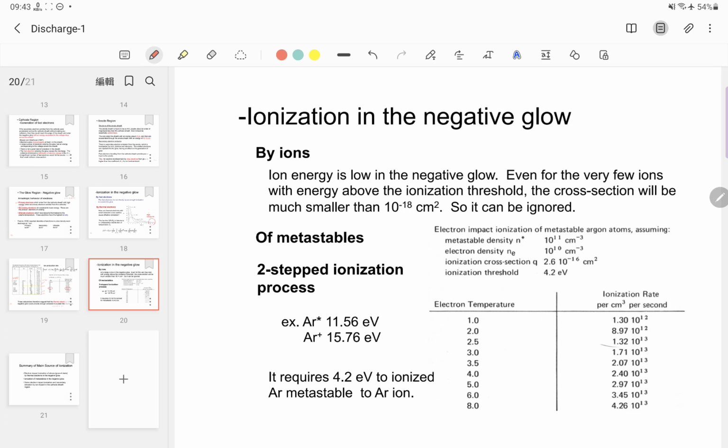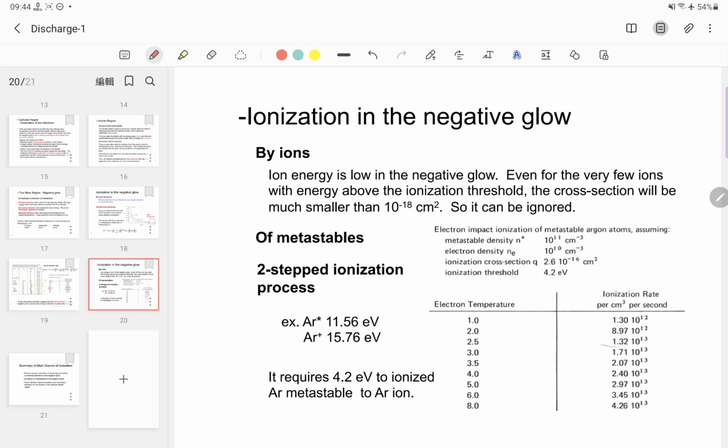And the second part is also important. This is the two-step ionization process. In the plasma, there are different species: electrons, ions, neutral particles, and photons. Most gas atoms become neutral particles in the plasma, not ions.